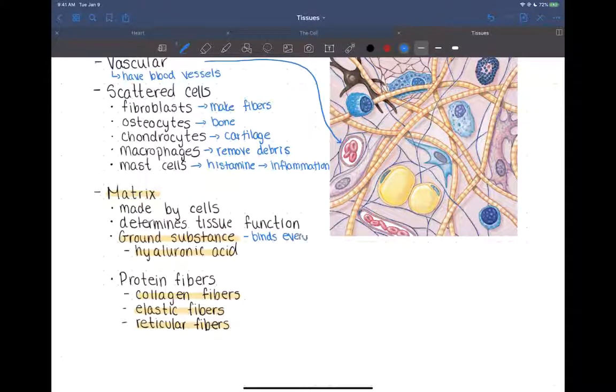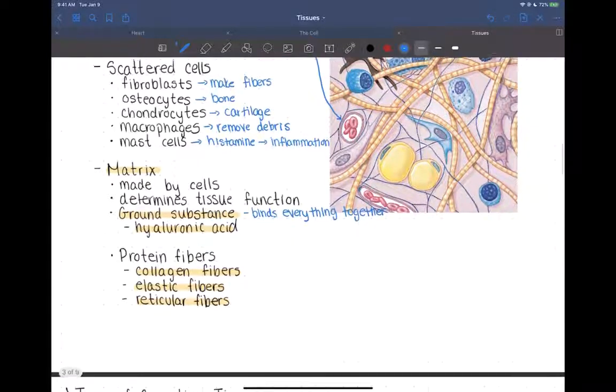And the reason it says it determines the function of the cell is that ground substance can have very different consistencies depending on the type of tissue we're talking about. The ground substance in blood, for example, would be plasma, and that would be very fluid, versus the ground substance in bone, which would be like the calcium phosphate part of bone that's really, really hard. So it kind of determines the function because it can have different consistencies.